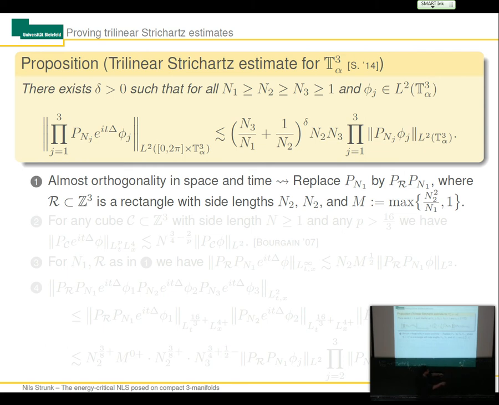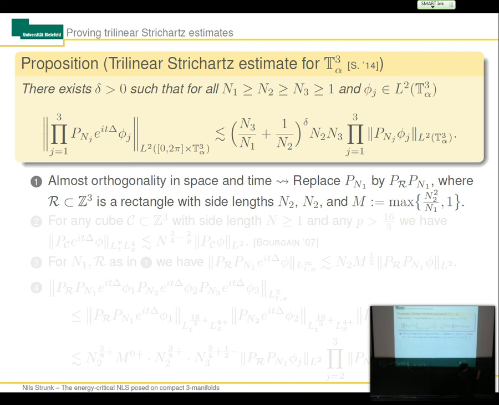And this is in 3 dimensions, so it's a 3-dimensional annulus, I can't draw it, okay? But now, by almost orthogonality in time, we only have to consider those frequencies located in a box of size n2.